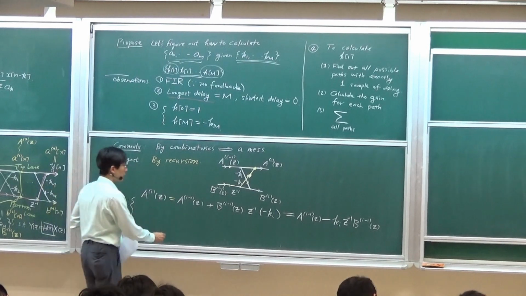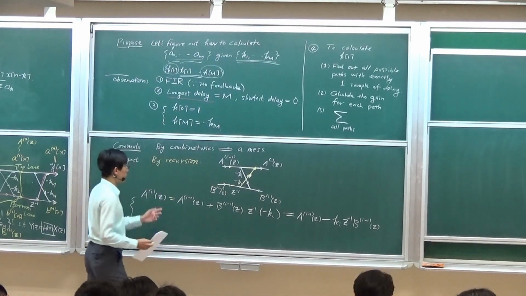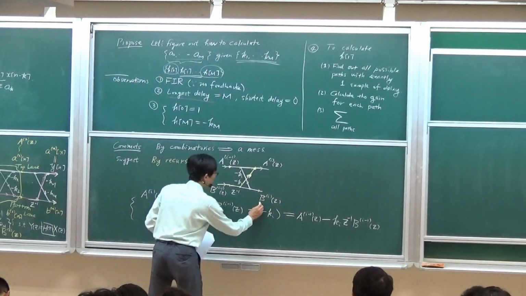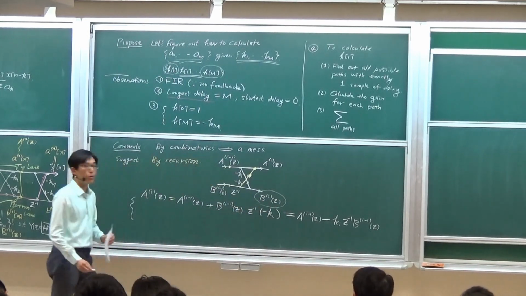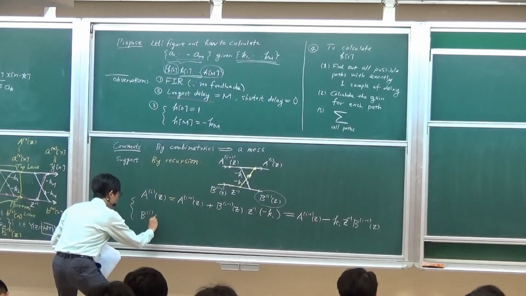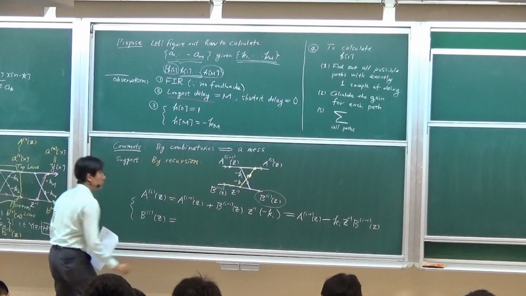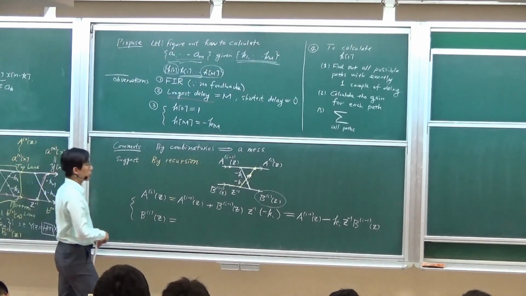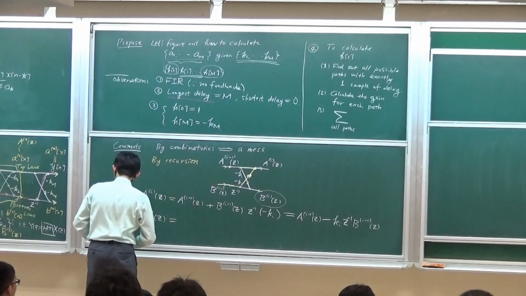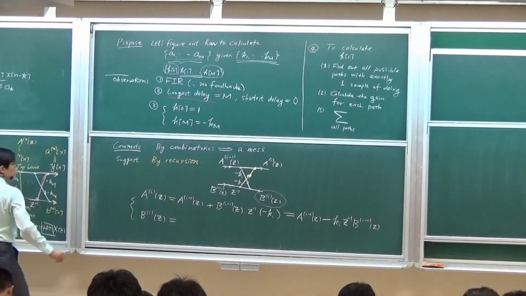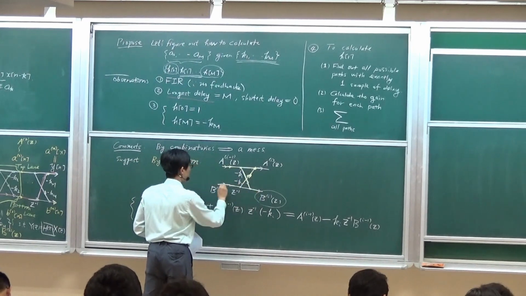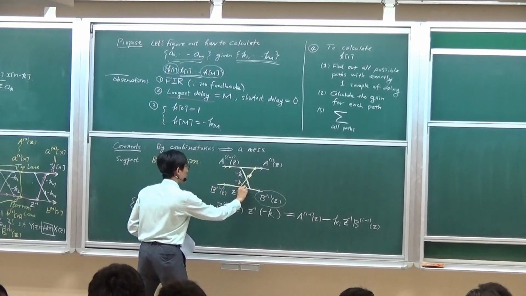And similarly, since we are going to establish a recursive relation, we also need to figure out how to express the bottom output B_i in terms of a combination of the input. So let's do the exact same exercise. We also have two paths. One is this path, the other is directly staying at the bottom.